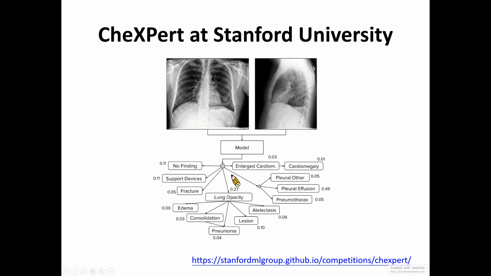And also if there are bone fractures, and once you make sure there are none of these findings, then you can make the judgment that there are no findings in these chest X-ray images.